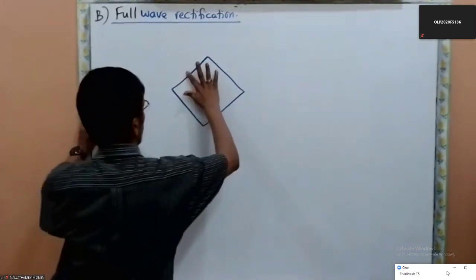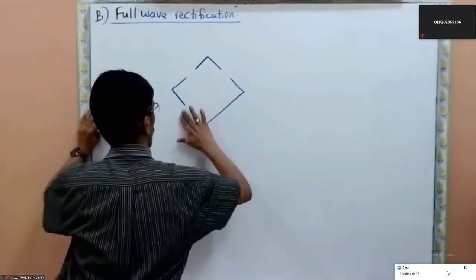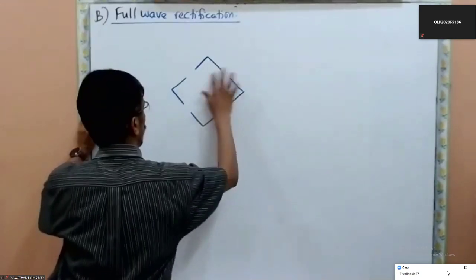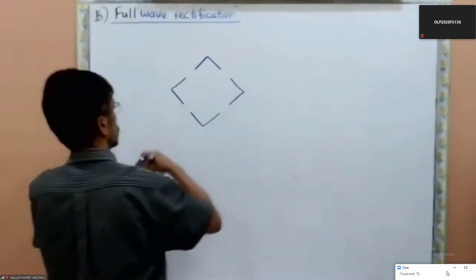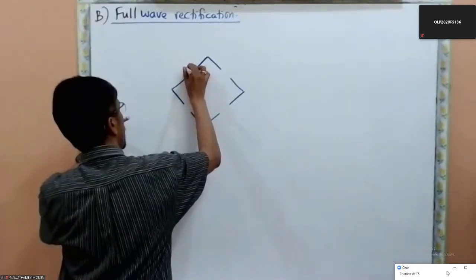Okay, so we draw a square, and then here we are going to draw 4 diodes to get full wave rectification. So we draw 4 circles over here.